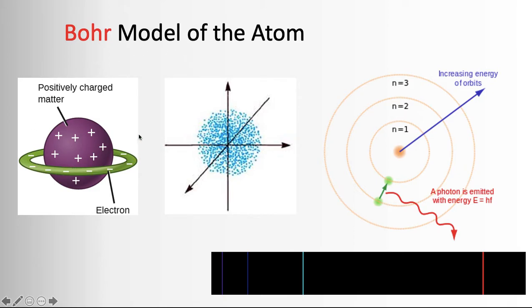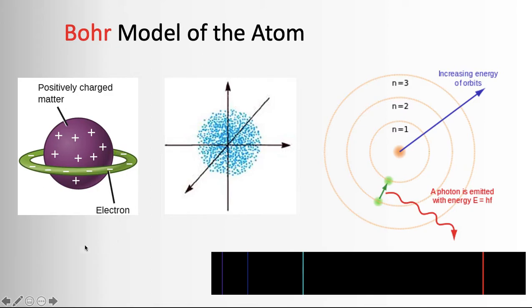Now some of the initial models we talked about had a large sphere in the center of the positive charge and then the negative charges orbiting around.